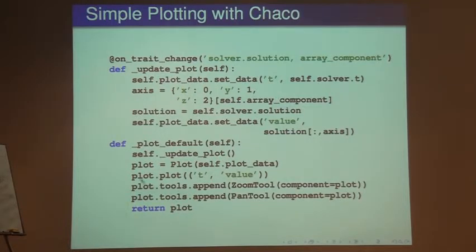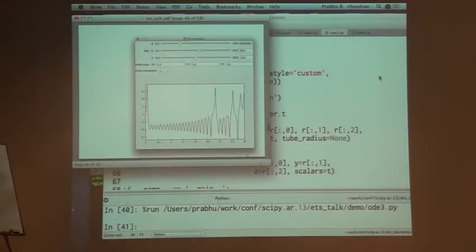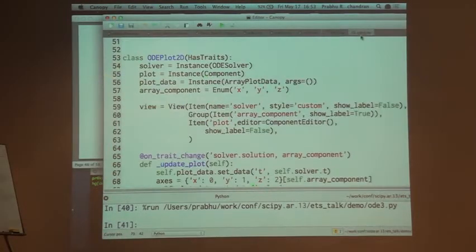Okay? So what it does is, it creates a plot object and sets up to plot t versus the value. Okay? And then you'll end up with something like this. Let me show you the code.